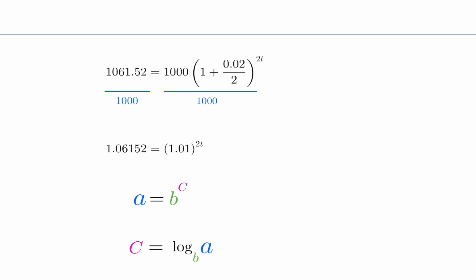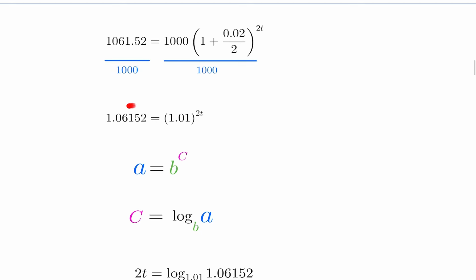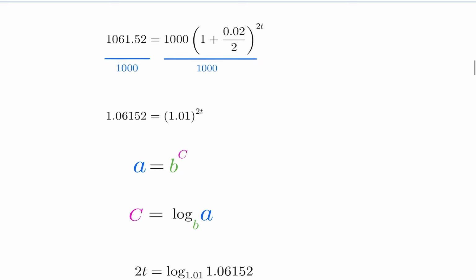Now moving on to this problem. If we were to continue that example that we just saw earlier and solve for t, we would first divide both sides by 1,000, and when we do, these cancel out. Dividing these two gives me 1.06152, and that equals 1.01 to the 2t power. So now we have it in the format a equals b to the c power.